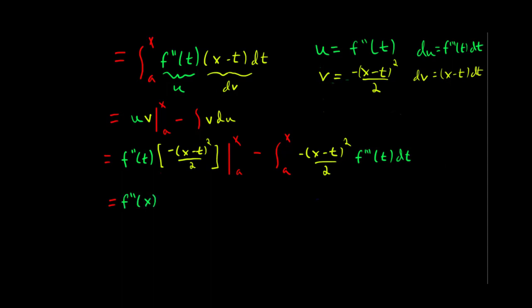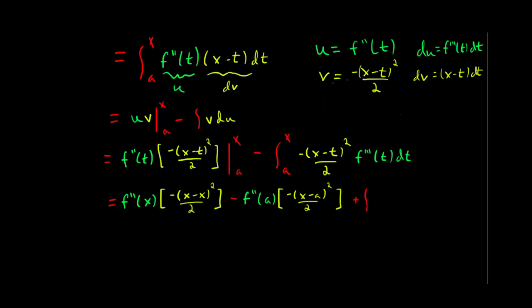Looking at the first term, we're going to get f double prime of x times the quantity negative (x minus x) quantity squared over 2, minus, now let's evaluate it at a, f double prime of a times the quantity minus (x minus a) squared over 2.